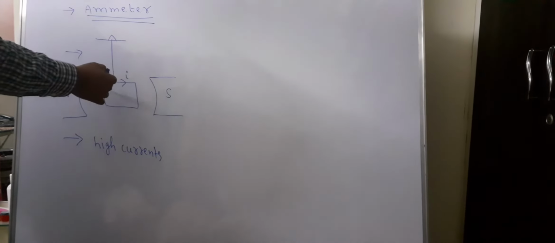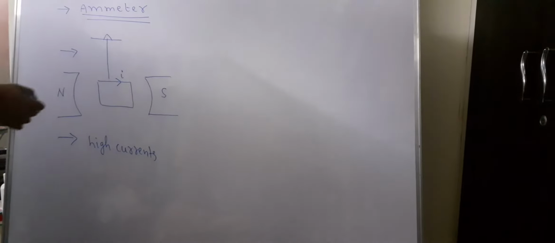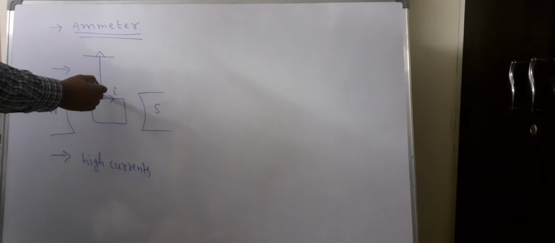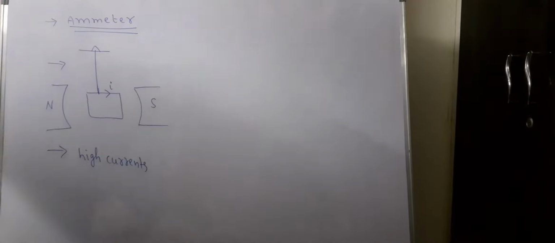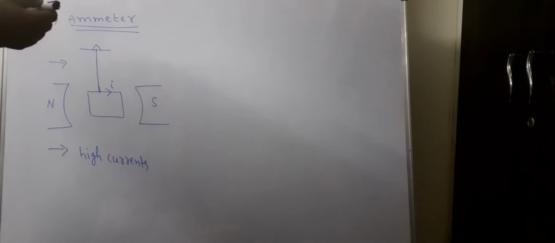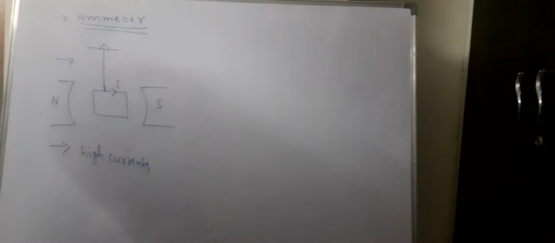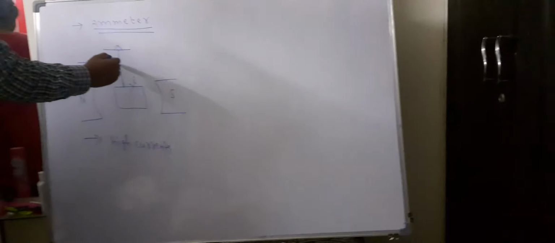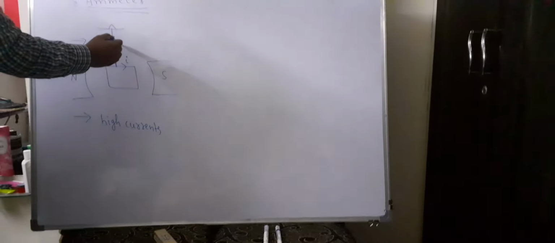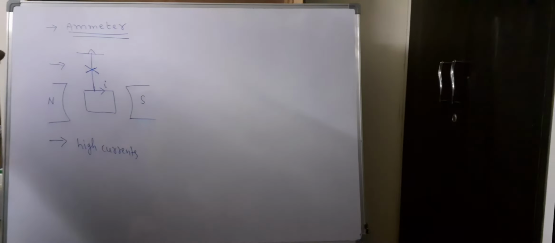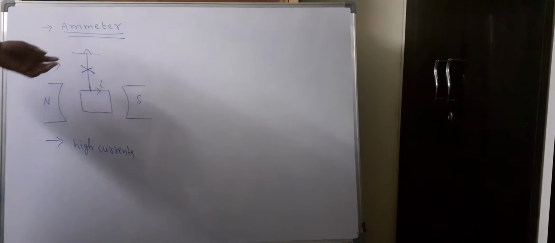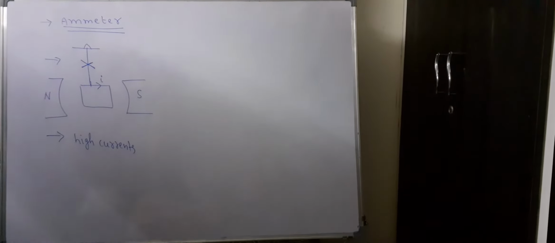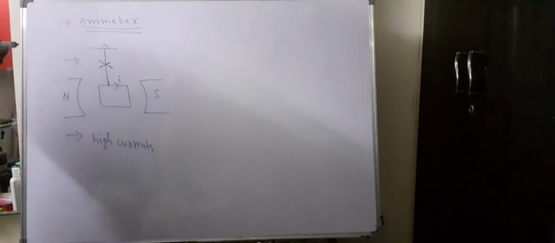This coil is rotated more, meaning the wire is more twisted. Because of more twisting of the wire, this wire breaks.